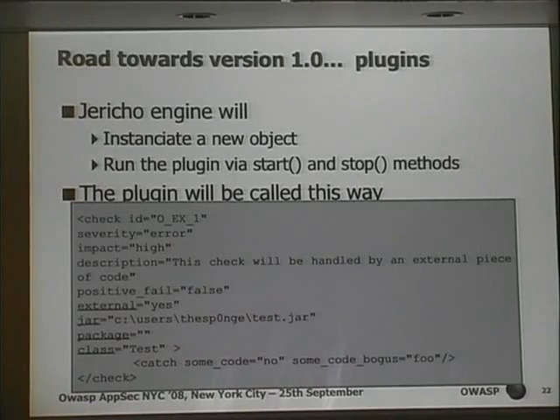The Jericho engine will pick up the class object and dynamically execute it. This is how people can write a security check asking ORIZON to run a plugin in order to manage it.